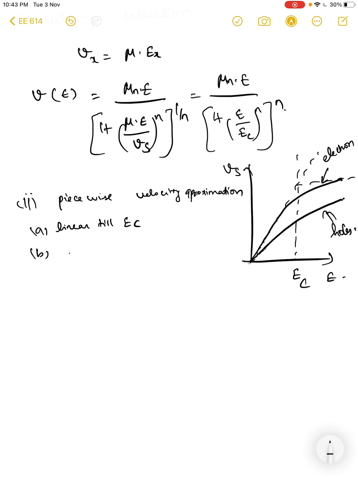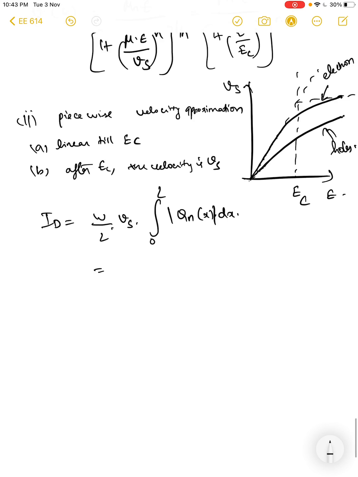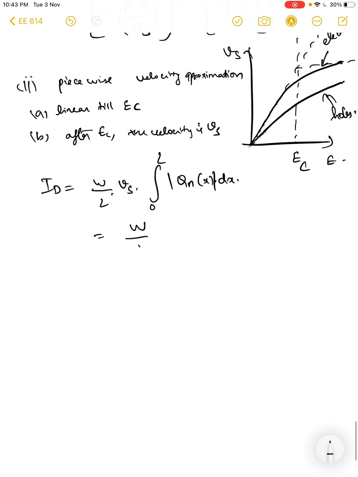Then after EC, the velocity is constant, it's just Vs. So under these situations, the current ID will turn out to be W by L Vs integral 0 to L Qn of x dx, right? Which will turn out to be W Vs into Vg minus Vt into Cox.